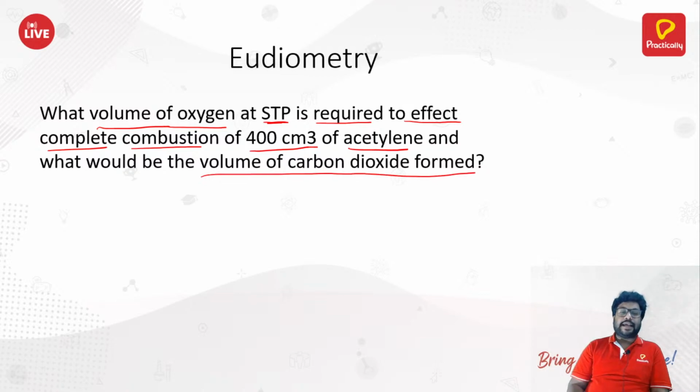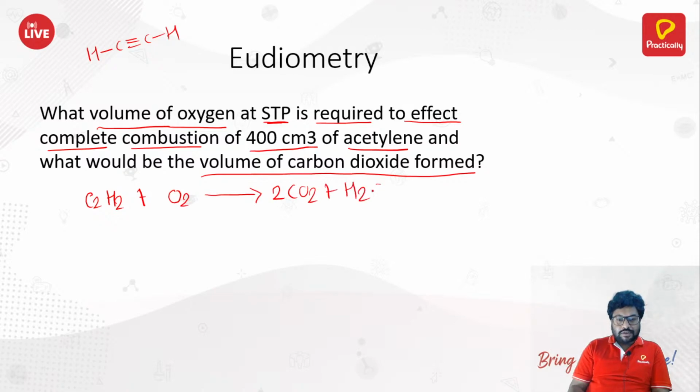Let's write the normal reaction of acetylene first. C2H2, that is what is called acetylene, plus we don't know how much oxygen we might need. On reaction it gives you 2 moles of CO2 plus 1 mole of H2O, right? So you might require 5 atoms of oxygen here, which becomes a little complicated, so let's multiply it by 2.